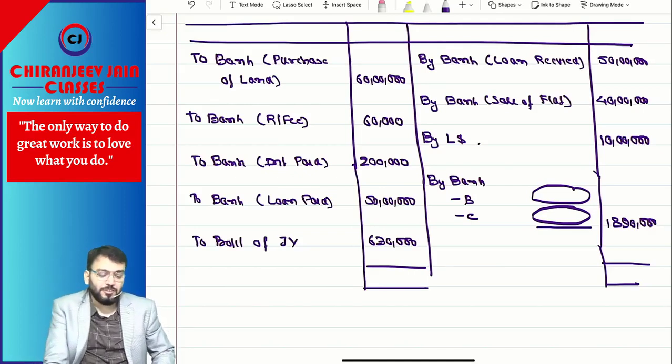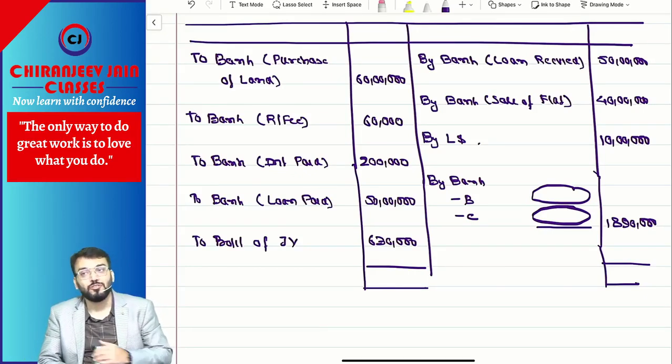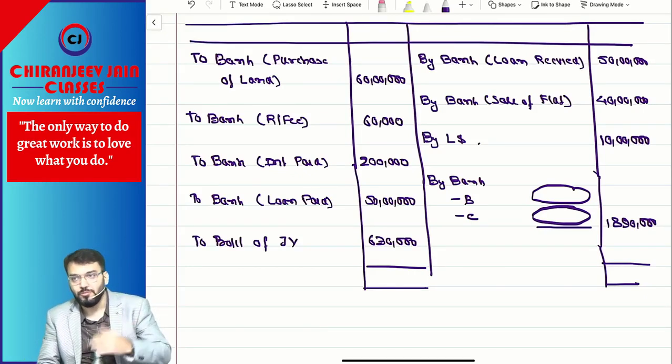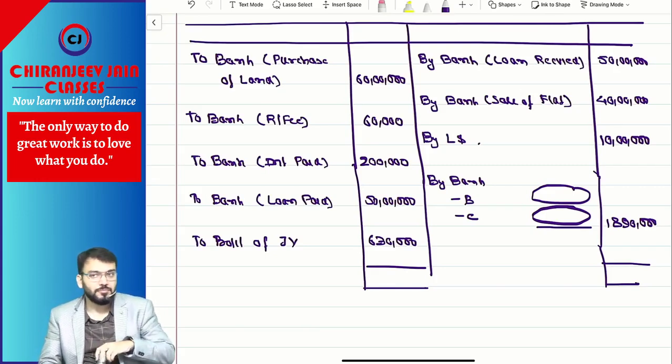Now if you have understood, can you prepare the joint venture account in the books of B and C on your own, and find out this amount?